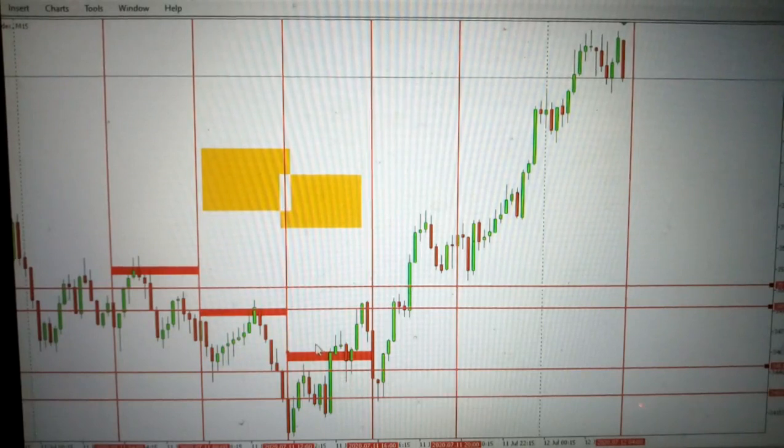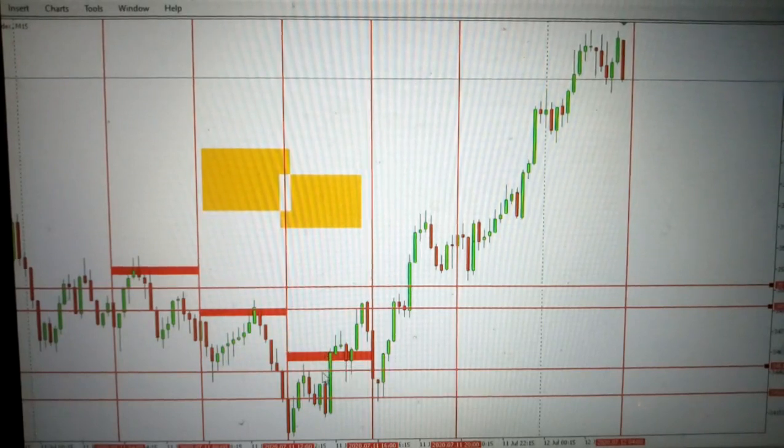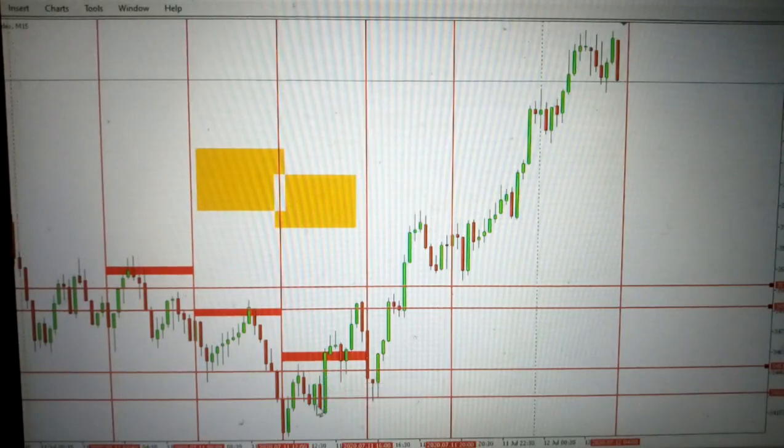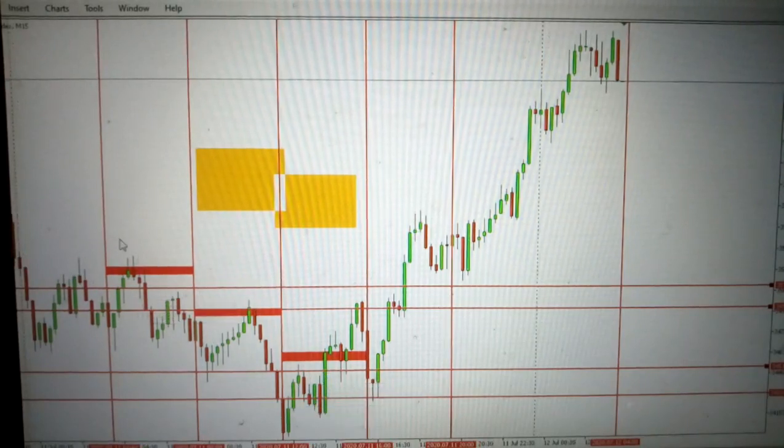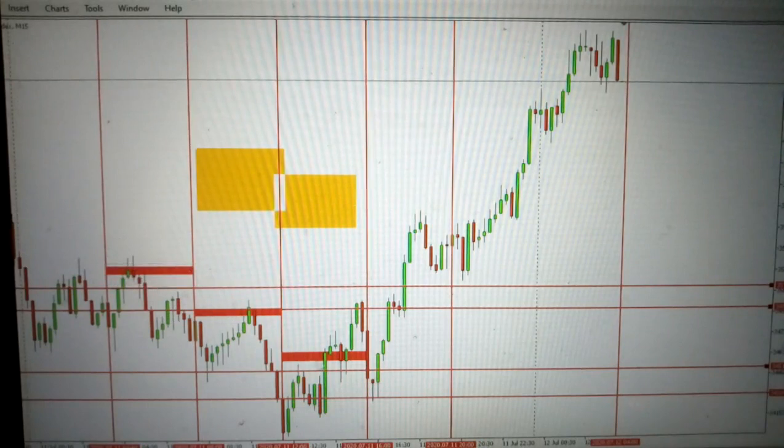Okay, so this is my resistance point mapped out. So I'll also continue the process. 1, 2, 3. We have 3 resistances. Now we are going to continue up to the place where price is currently located.